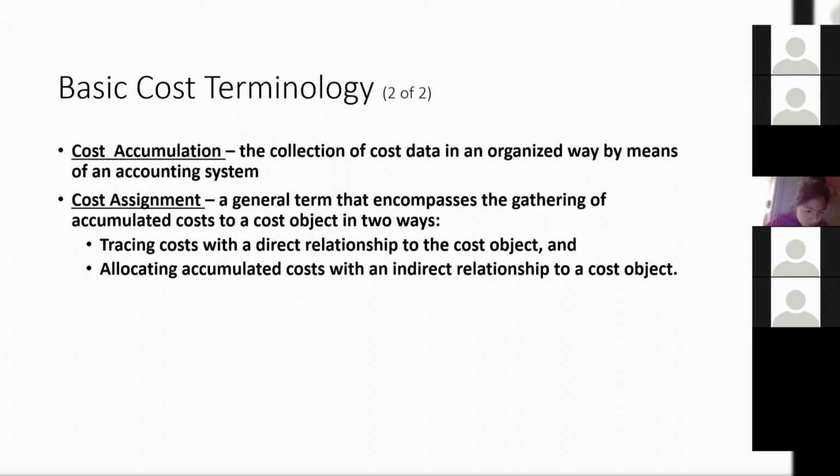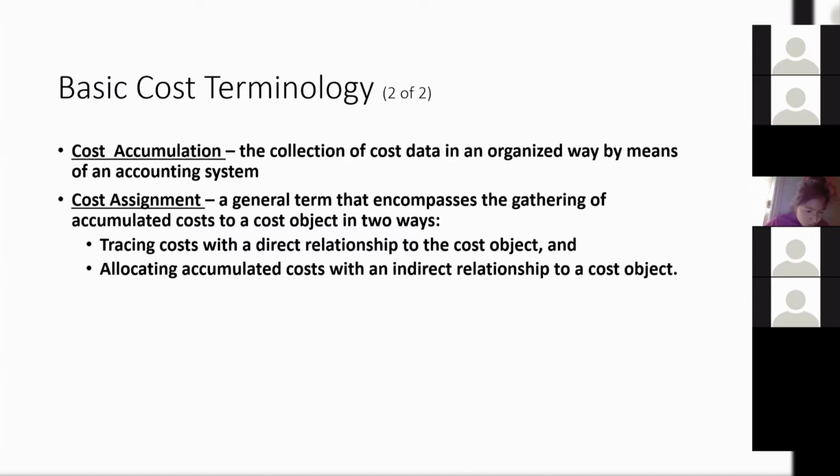Here we have some additional terminology. Cost accumulation is a collection of cost data in an organized way by means of an accounting system. Cost assignment, on the other hand, is a general term that encompasses the gathering of accumulated costs to a cost object in 2 ways. We might want to trace costs.